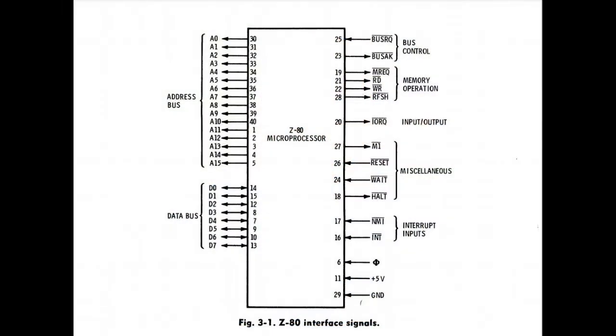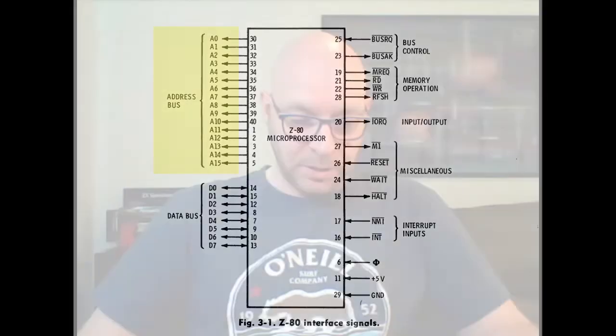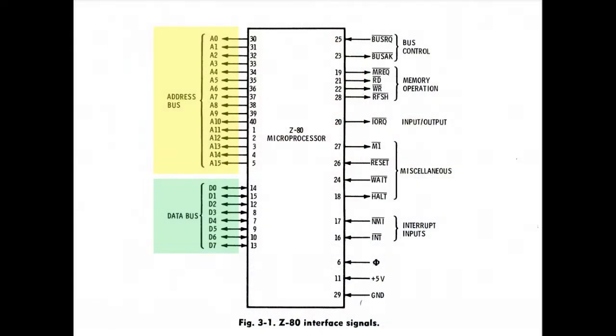So if we take a look at the diagram showing this Z80 microprocessor and the pins connected to it, although this diagram doesn't show the pins in the exact same layout that the pins are physically connected to the chip, it has them grouped by their function, so it's easier for us to understand by looking at it. And if we look at the top left of this diagram, we see a group of pins labeled address bus, and they range from A0 through A15. Now just below that we'll see another group of pins labeled data bus, which are labeled D0 through D7.